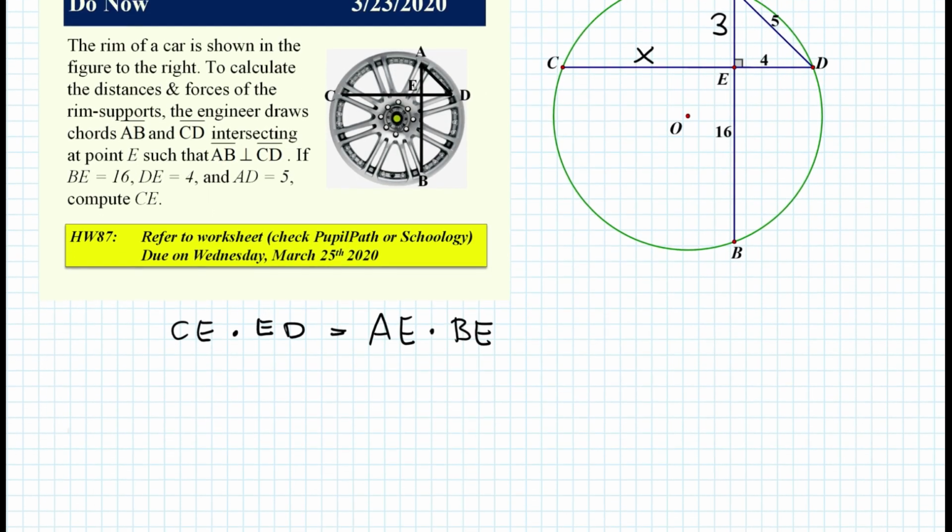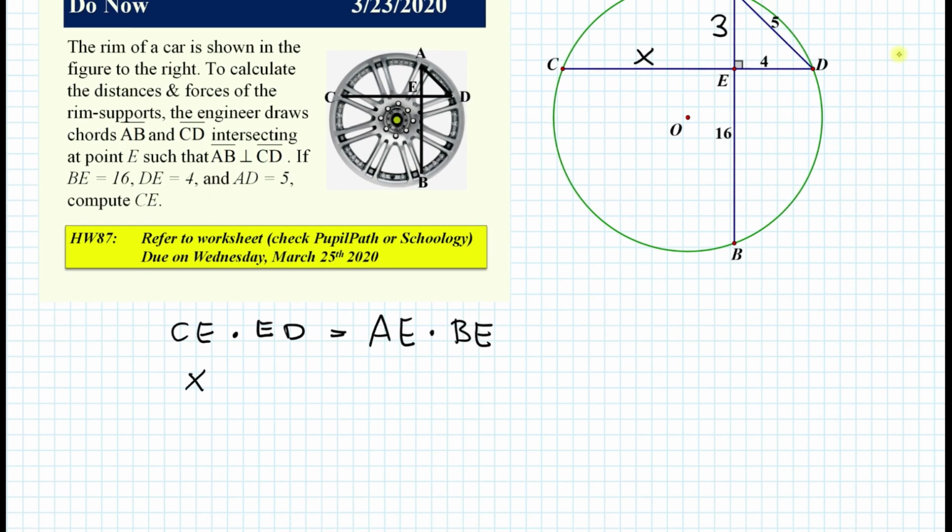So that means we can rewrite this as x times 4, because we know that ED is equal to 4, is equal to 3, because AE is equal to 3, times BE, which is equal to 16. Okay, so how do we find the value of x? Well, instead of multiplying 3 times 16, I recommend working with smaller numbers.